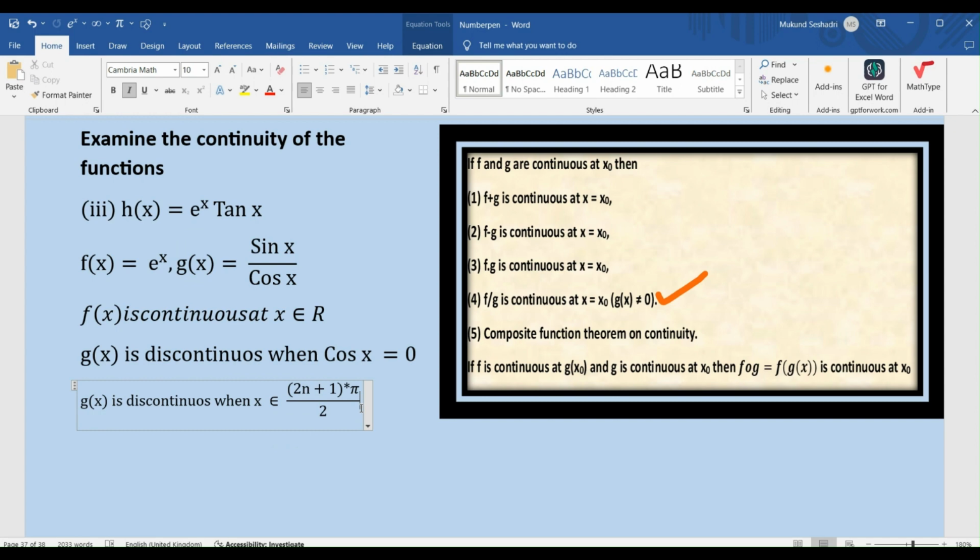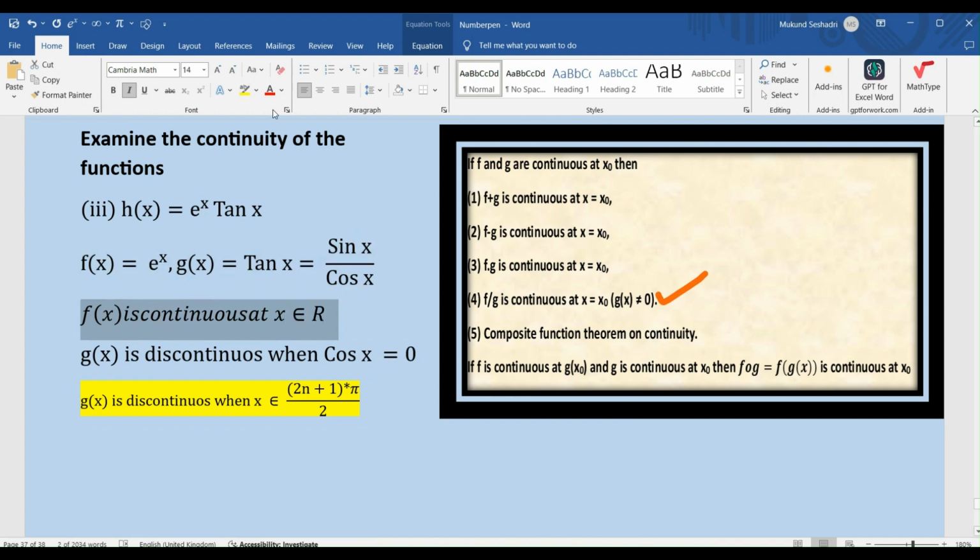But when I put it in the denominator, whenever cos of x equals 0, then the whole function sine of x by cos of x, which is my tan of x, becomes a discontinuous function at those points, whenever x belongs to an odd multiple of pi by 2. So I have the answer for my g of x where it is continuous and where it is discontinuous, and I have my answer for my f of x, which is simple and straightforward, which is continuous at all points.